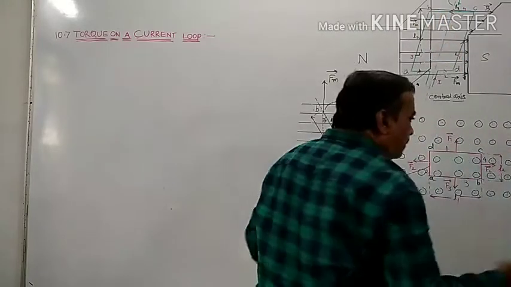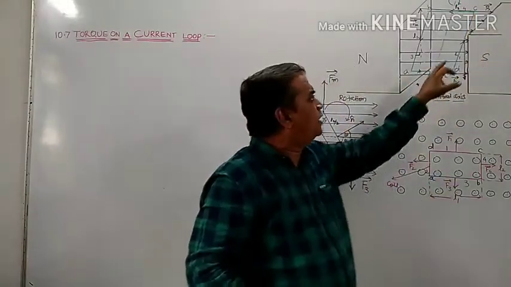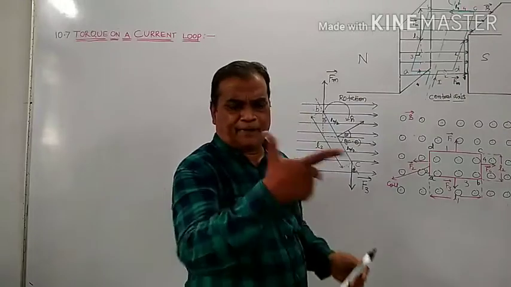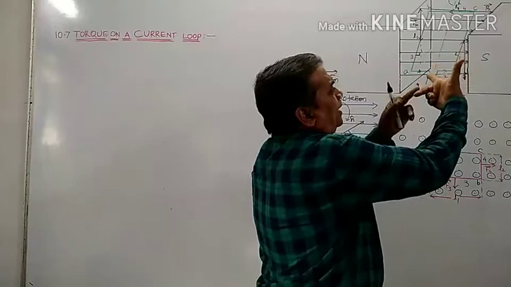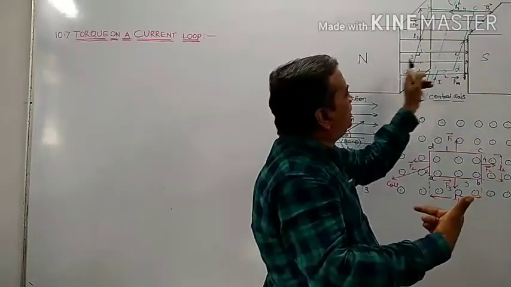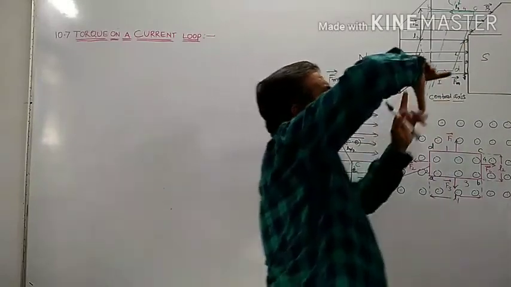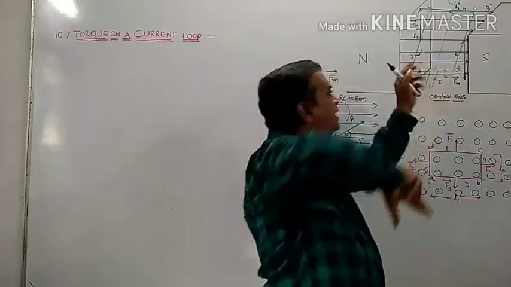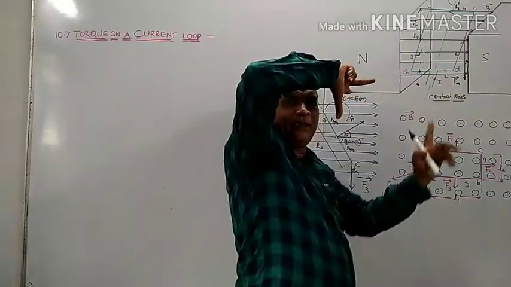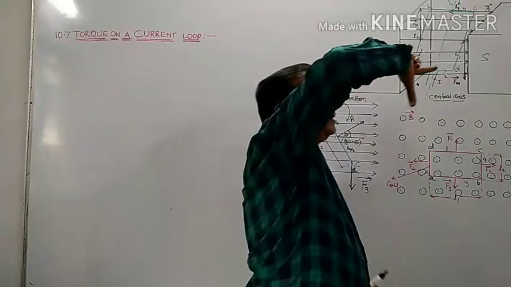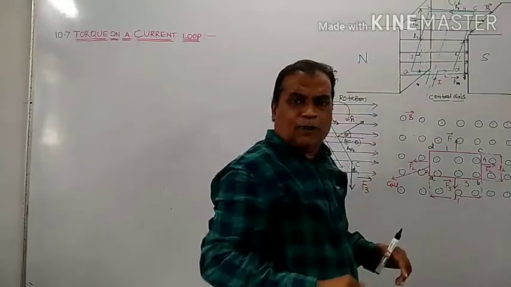Similarly, apply Fleming's right hand rule to find out the direction of magnetic force on the segment CD. On the segment CD, the direction of flow of current is reversed. Current is flowing in the opposite direction, but the magnetic field is pointing in the same direction. Then the stretched thumb is pointing downward.